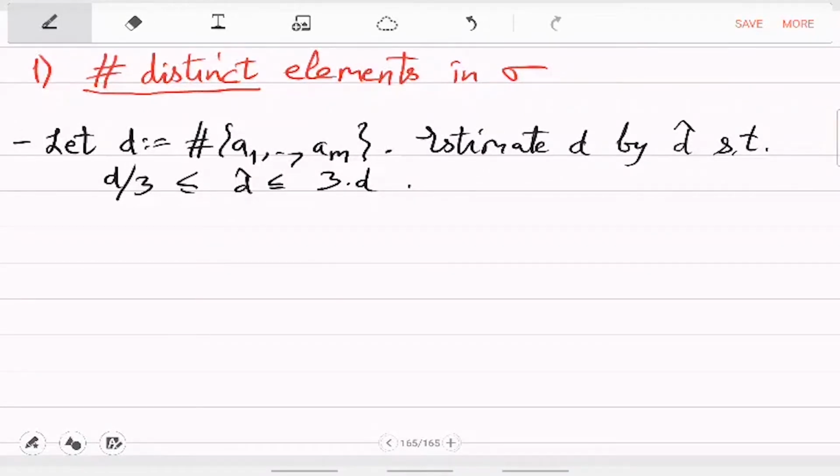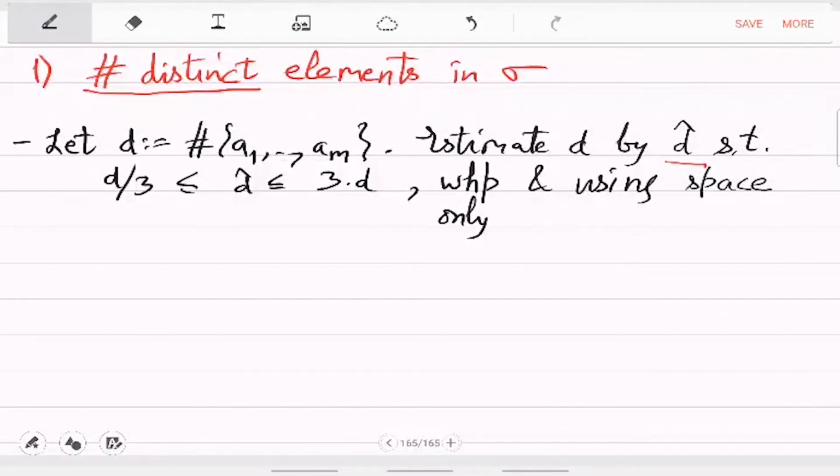So you will do some clever tricks by which you will approximate D. This is the approximation you want, D hat, and it will be probabilistic, with high probability and using space only S less than or equal to log n, without looking or storing exponentially fewer.